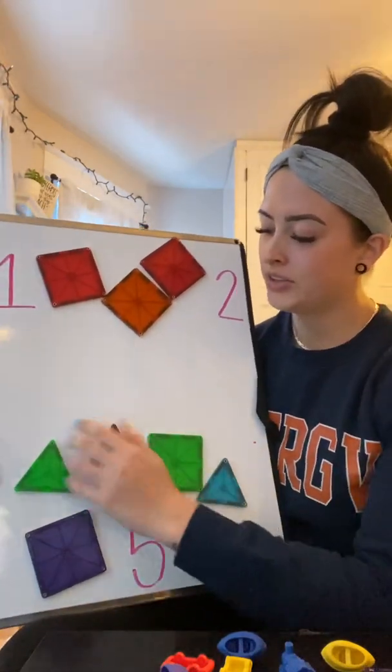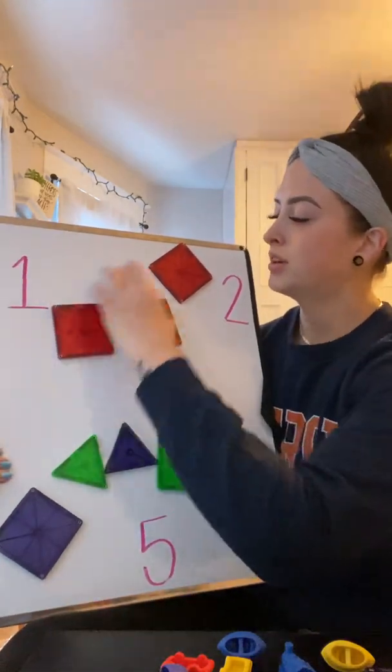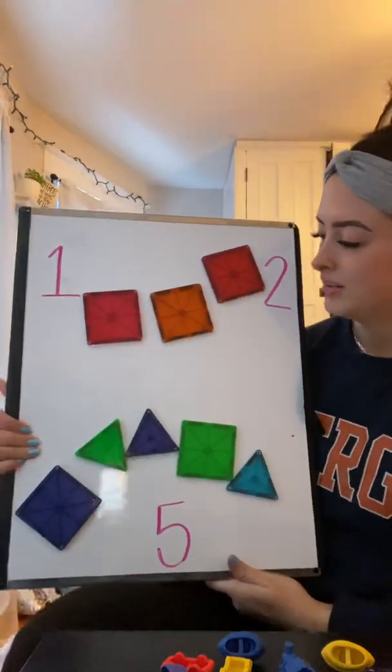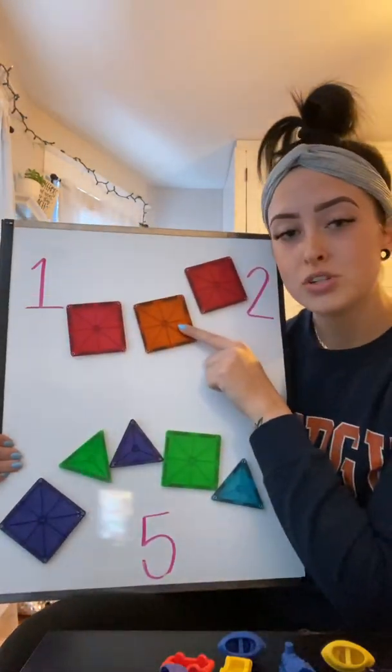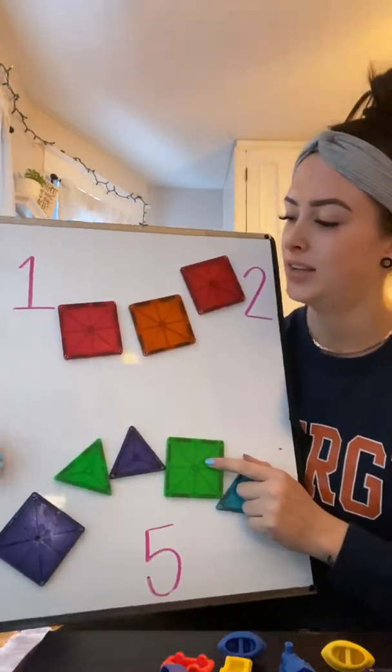So now taking a look at the different groups of shapes I have, which one looks like it has more shapes in it? Does it look like the top one has more shapes or the bottom one? Let's go ahead and count so we can find out.